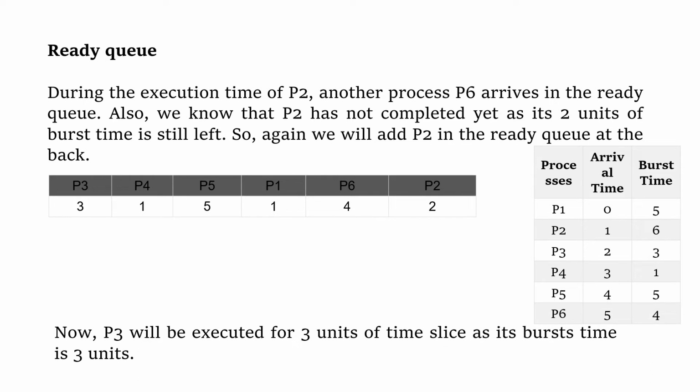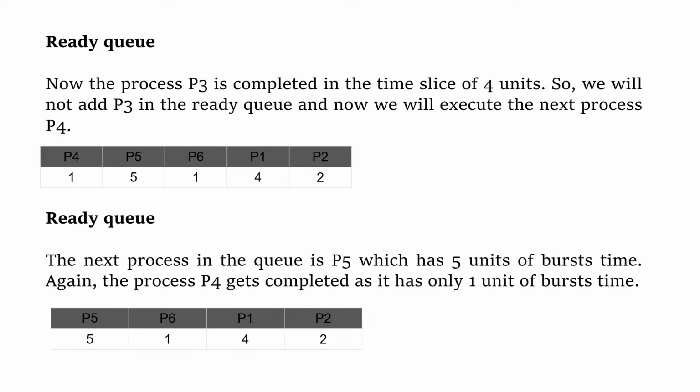Now P3 will be executed for 3 units, since its burst time is only 3. That is, for process P3, the burst time is only 3. It will completely get executed, and it will not be added at the back of the ready queue.